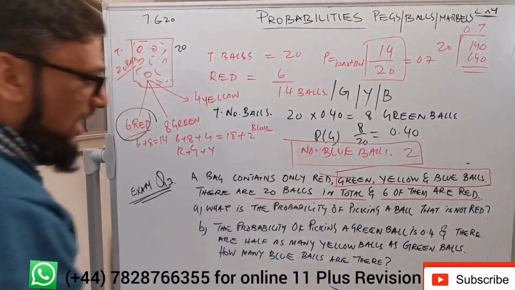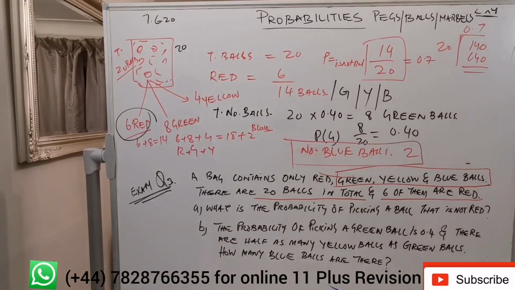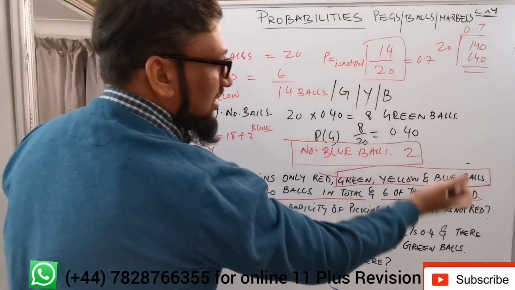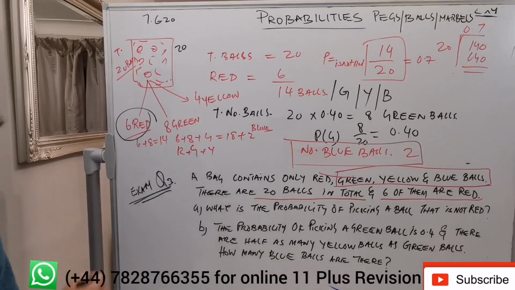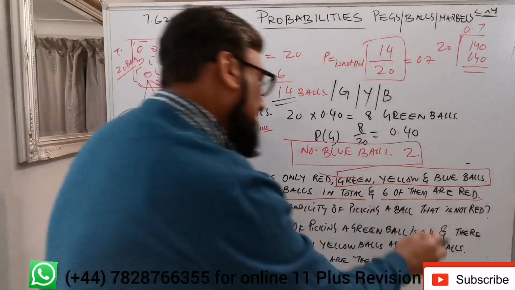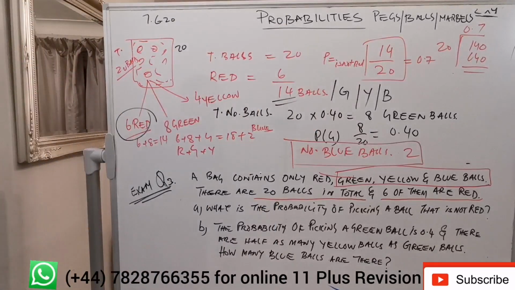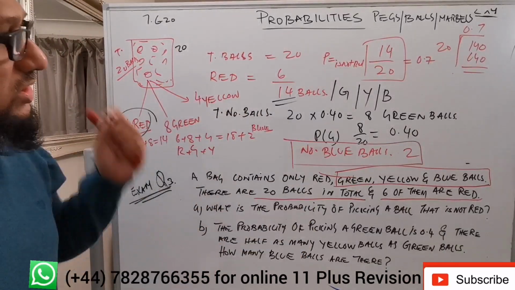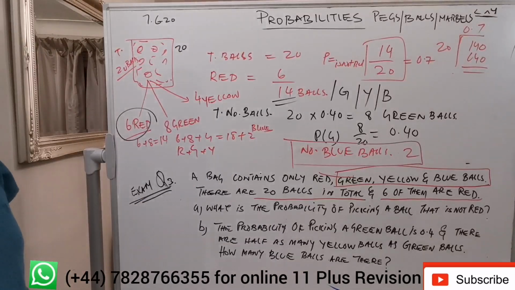And part B is asking about how many blue balls there are. So we work out 20 take away 6, the red balls, which we already know from the question. So the remaining balls are 14. And the question says the probability of picking a green ball is 0.4, which is 40%. So 40% of 20 is 8 balls for the green.